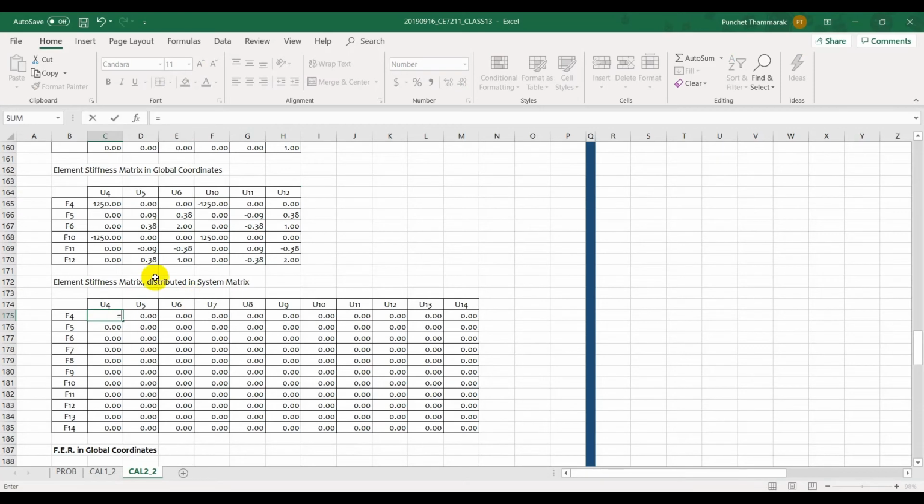So I drop in from here 4, 5, 6, and then 10, 11, 12, come to 10, 11, 12, and last is this 10.